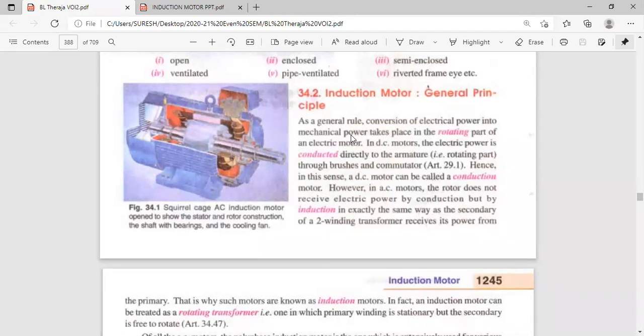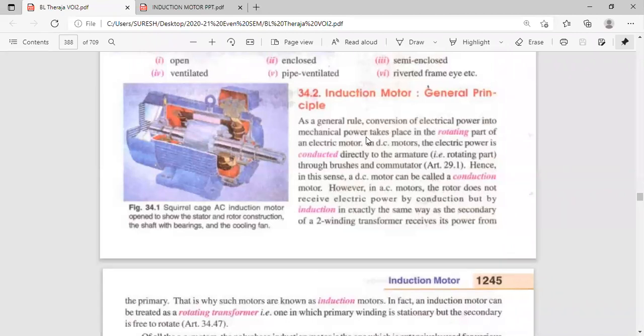What does a motor do? It converts electrical energy into mechanical energy. In your house you have a motor, for example pumping water from the well. When you switch on the electrical supply, it converts the electrical energy, and the rotor rotates.